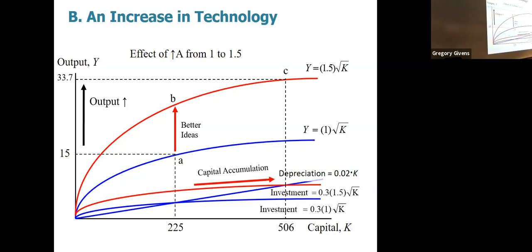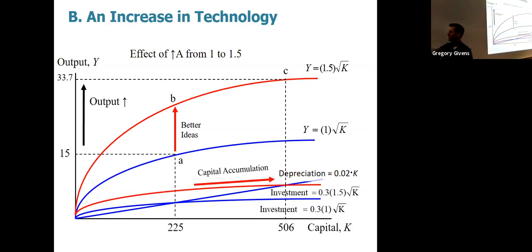So one of the differences between this exercise and the last one is that in this example, output really grows for two reasons. It grows because the capital stock is getting bigger, but it also grows directly from higher technology, right? So improved technology and growth in capital cause output growth to be positive, okay? Now you'll see on this graph that we have the same situation that we did in the last exercise, right?